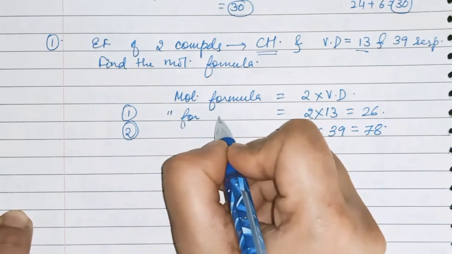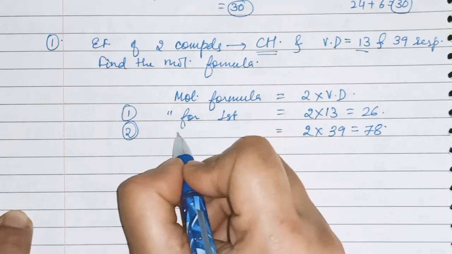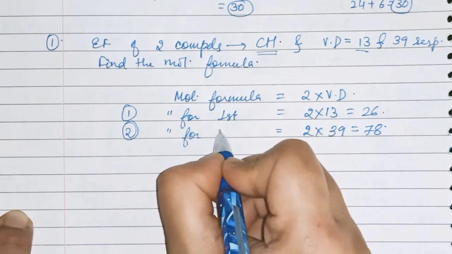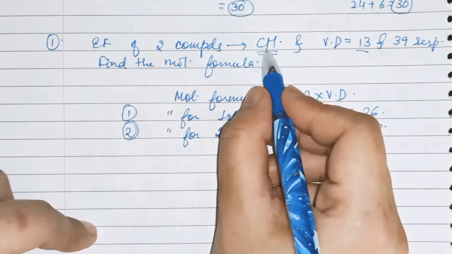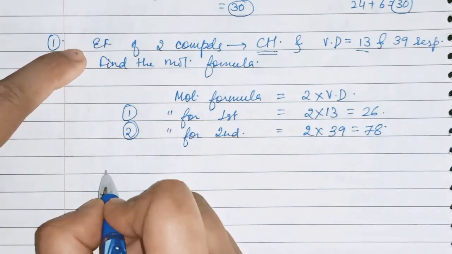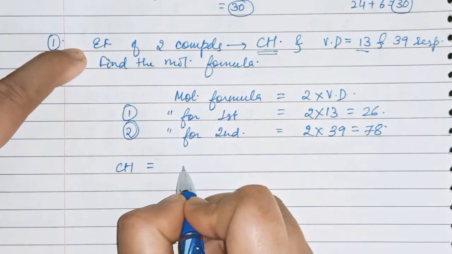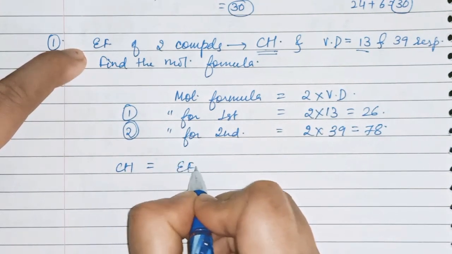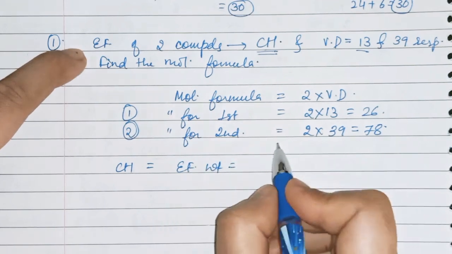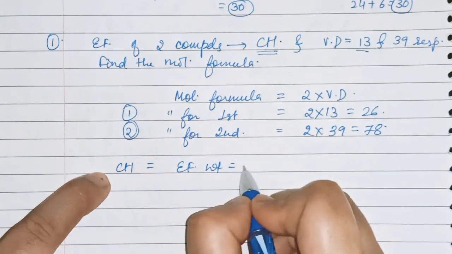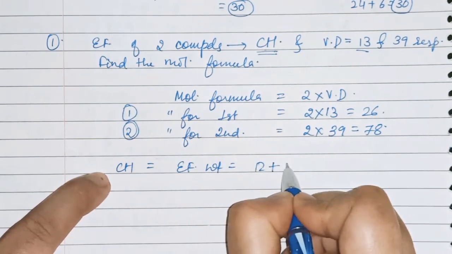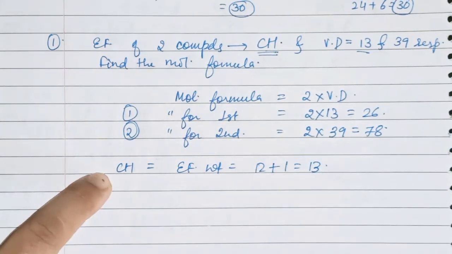Now the empirical formula weight. See here, CH is the given empirical formula, so what will be the empirical formula weight, children? 12 plus 1, that is 13.